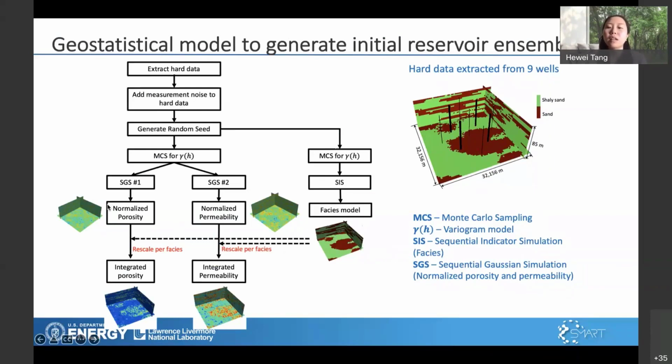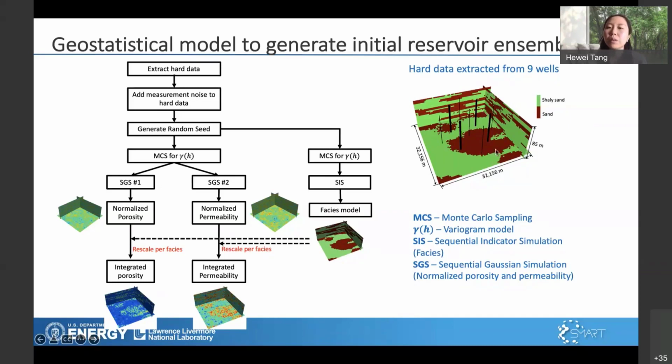And for the porosity and permeability, we use 2 sequential Gaussian simulations to generate normalized porosity and permeability fields first. Notice that here we are using the same random seed for these two sequential Gaussian simulations so that they automatically generate porosity and permeability fields that are dependent. And then we rescale these normalized fields based on facies to get the final porosity and permeability distributions.